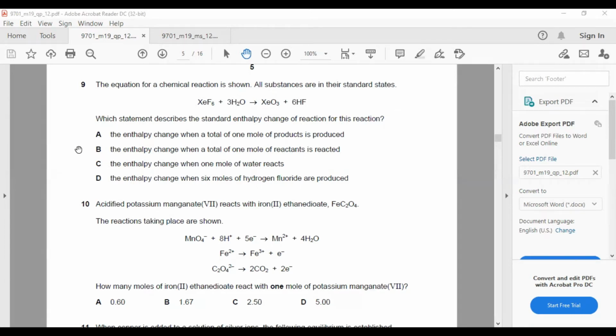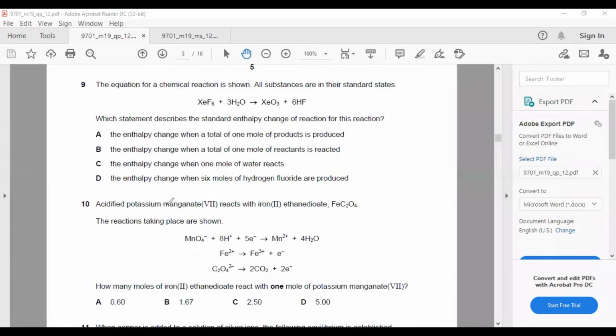Number 10, I will explain last because some of you need to explain the method of balancing the equation by the oxidation number method. This is unlike other equations, in which 2 things are being oxidized. Iron is also being oxidized, C2O4 is also being oxidized.